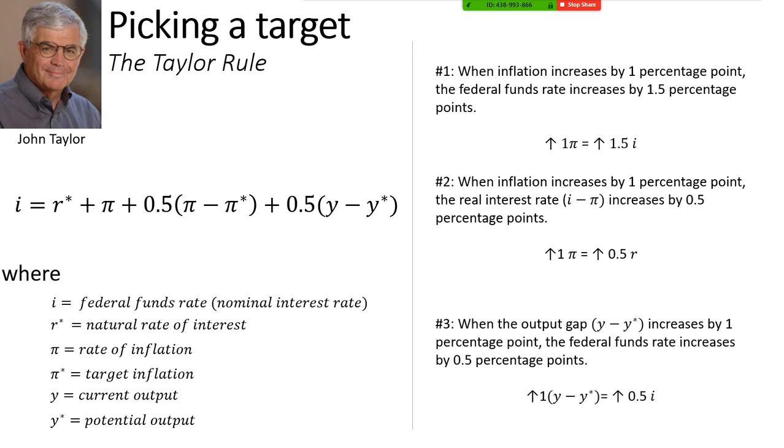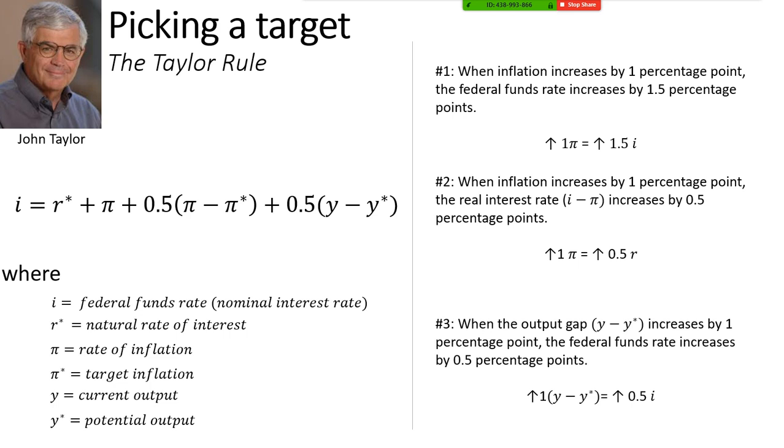And then the third thing that we see is that when the output gap increases by 1 percentage point. So remember this difference here of current output and potential output is what we call the output gap.